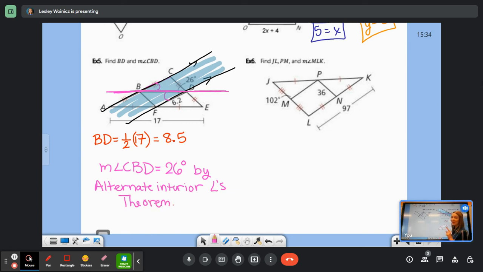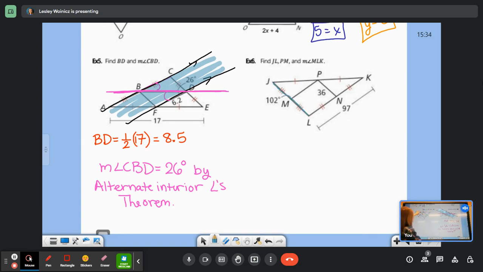You guys thought we were done with that one, didn't you? Nope, it is back. So back. All right, JL. We have to find JL, we have to find PM, and we have to find the measure of angle MLK. JL. Where is JL? All right, JL is this one.